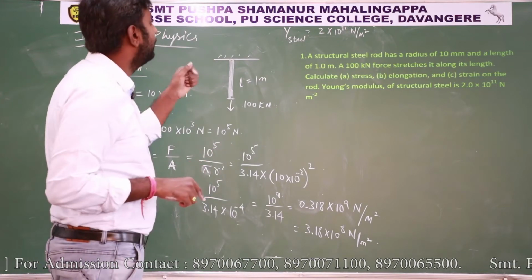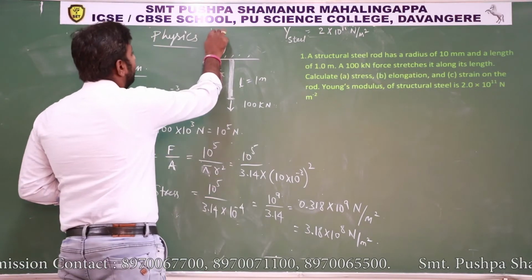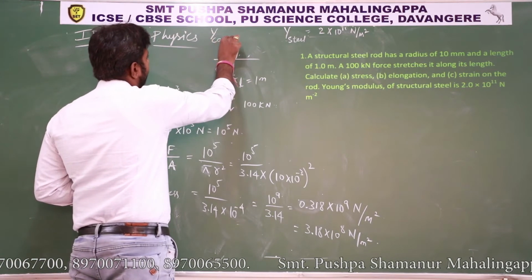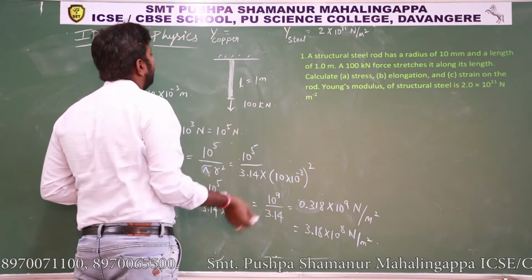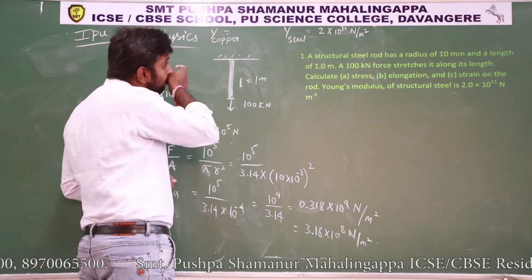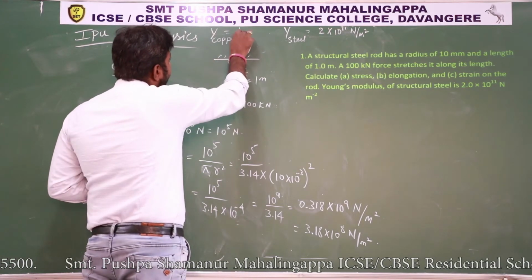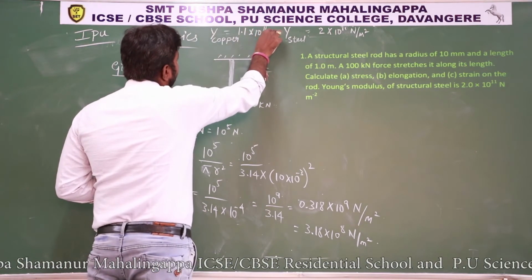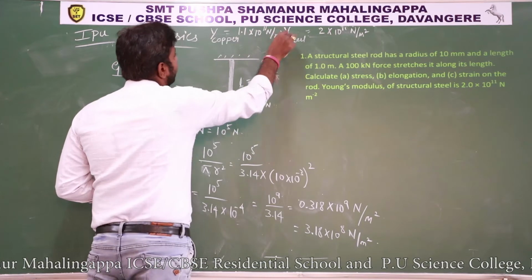Young's modulus for copper is 1.1 into 10 to the power 11 Newton per meter square.